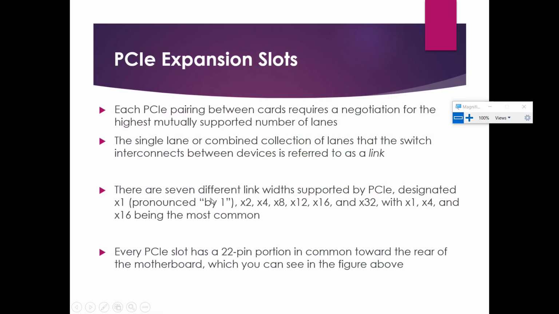Now, this is what they are talking about. There are 7 different link widths supported by PCIe, designated X1, pronounced by 1, X2, X4, X8, X12, X16 and X32, with X1, X4, and X16 being the most common. The main thing is that it is all about pins. The slot has a 22 pin portion in common toward the rear of the motherboard, which you can see in the figure above.